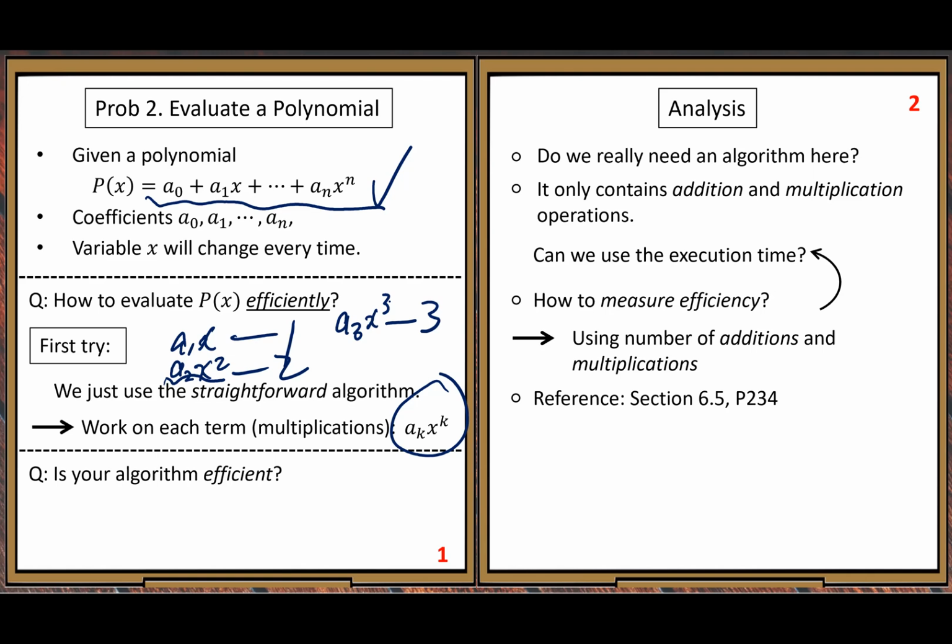Here, each term takes K multiplications, so we can calculate the total number of multiplications. So here's the question: is your algorithm efficient? We don't know, right? Because we only have one algorithm. If you cannot compare it with any other different algorithm, how do you know it's efficient or not?